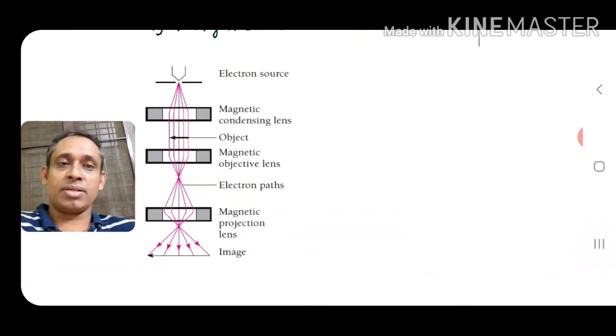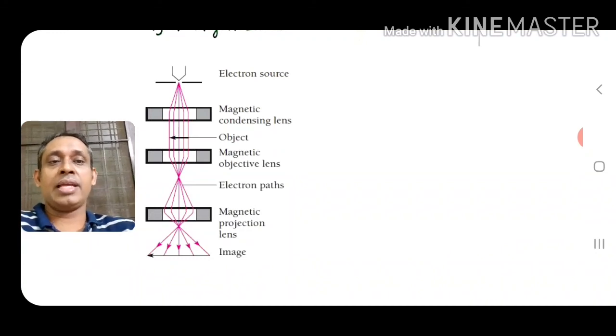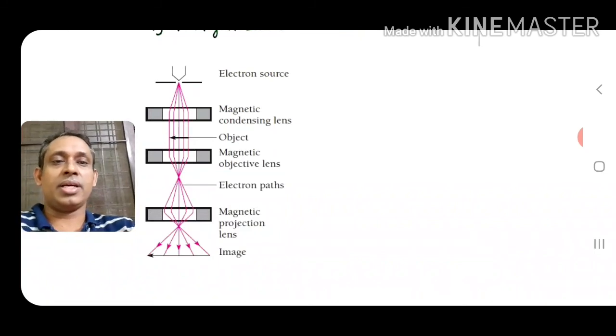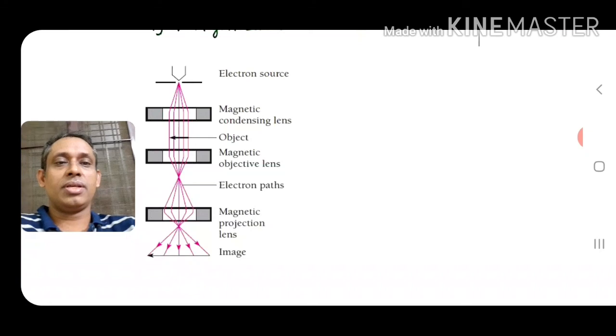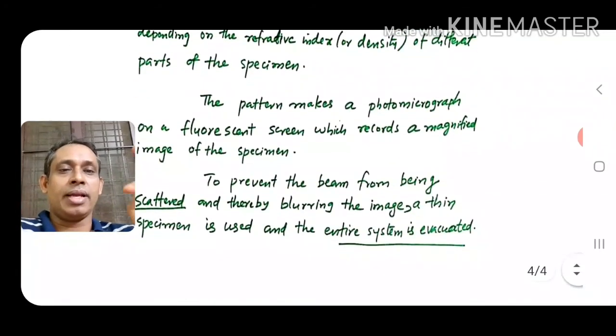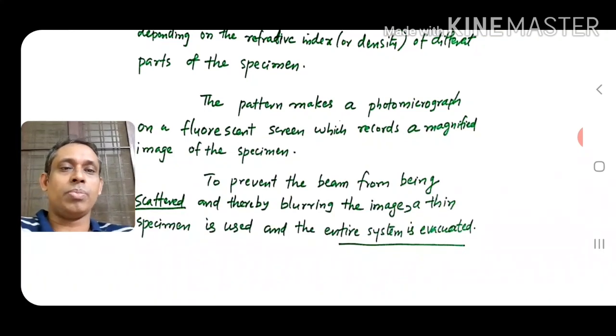Other types of electron microscopes are there. An example is the scanning electron microscope, where the scattering of the electron beam by the object is used. The microscope that we saw here is the transmission electron microscope.